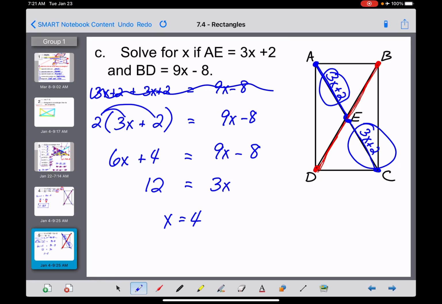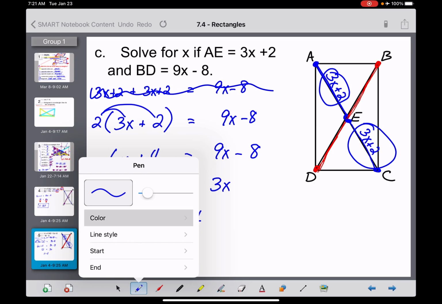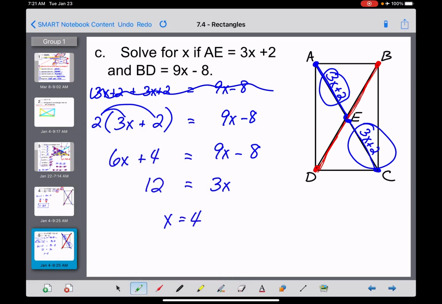And before I box that up, let's plug that back in and see where it gets us. Let me go green with this one here. Okay, if x is 4, 3 times 4 is 12. 12 plus 2 makes 14 for the measure of line segment AE. Then, of course, EC would have to be the exact same thing. That would be 14 as well.